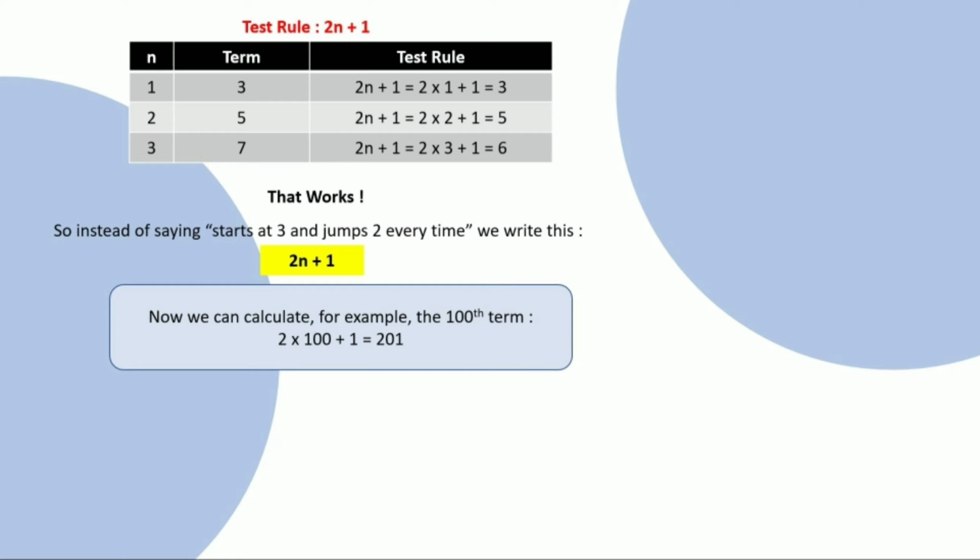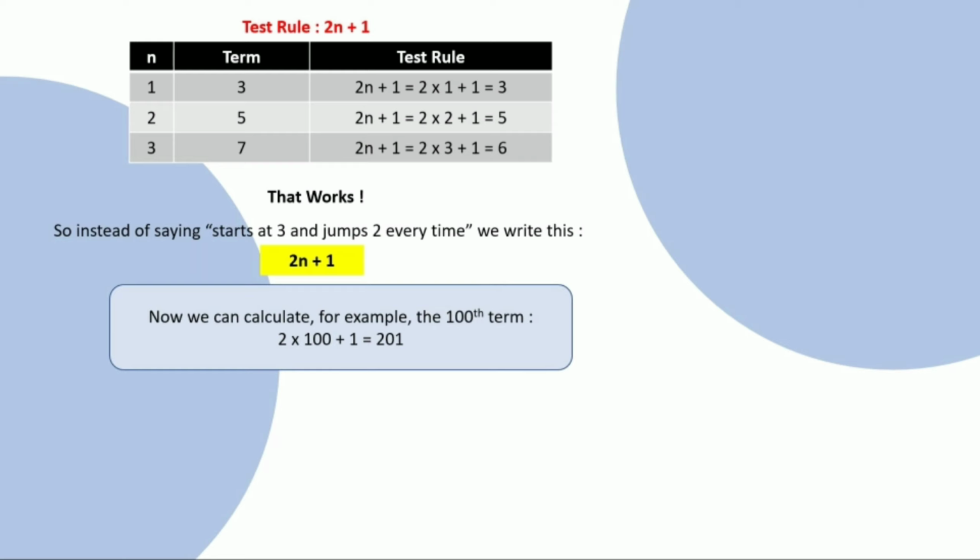So instead of saying start at 3 and jump 2 every time, we can write 2n plus 1. Now we can calculate, for example, the 100th term. We replace n with 100.